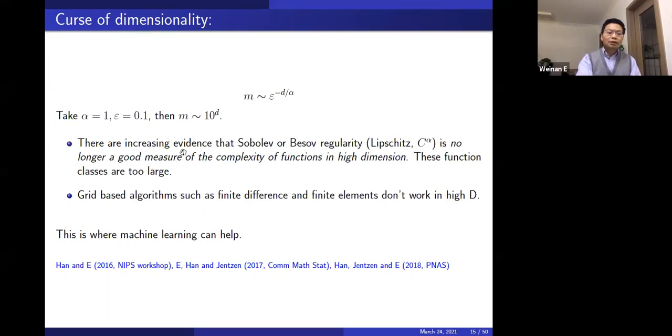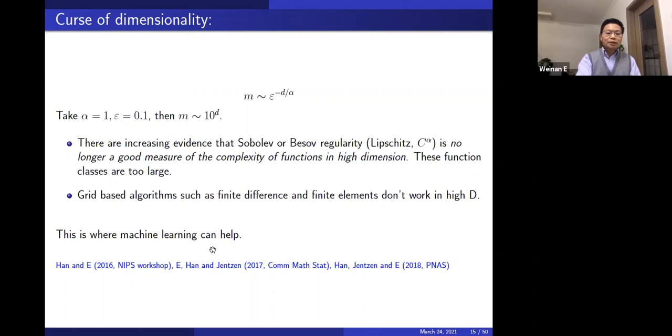There is increasing evidence that these notions of Sobolev or Bessel spaces, regularity-based spaces, are not a good measure of the complexity of functions in high dimension. These function classes are just too large. The difference between C1 and C2 in high dimension is not that big.